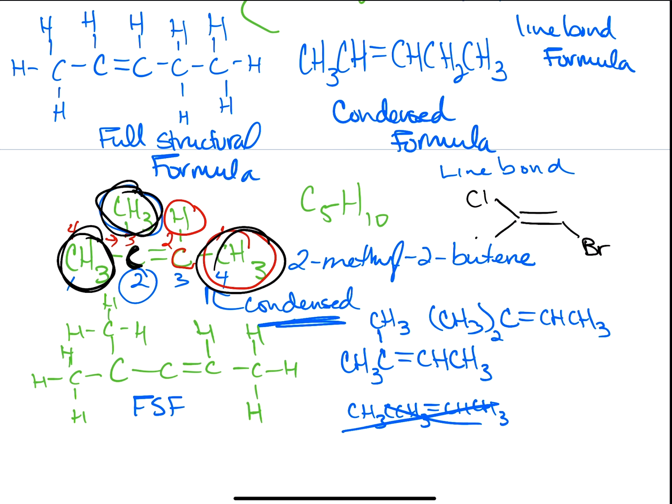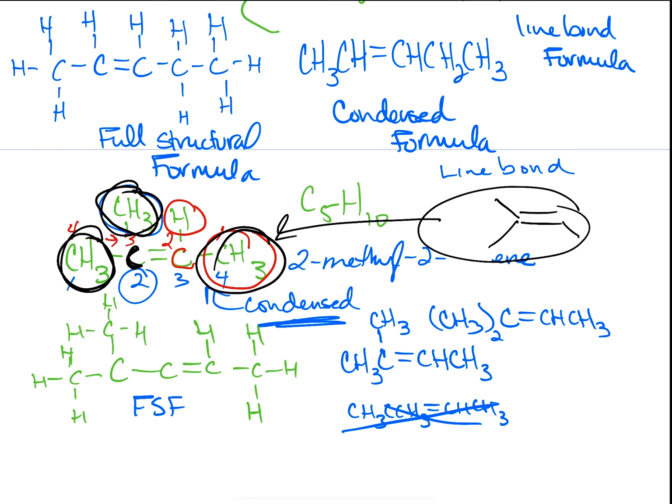If you meant a hydrogen, you would have to put a hydrogen there. But remember, in line bond structure, we don't want to draw the hydrogens in there. All right, so let me go ahead and erase those. And there we have the line bond structure for this one over here.